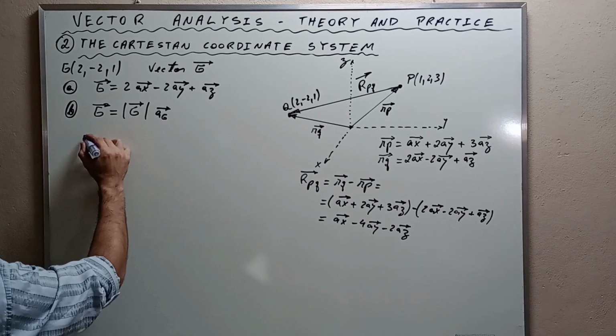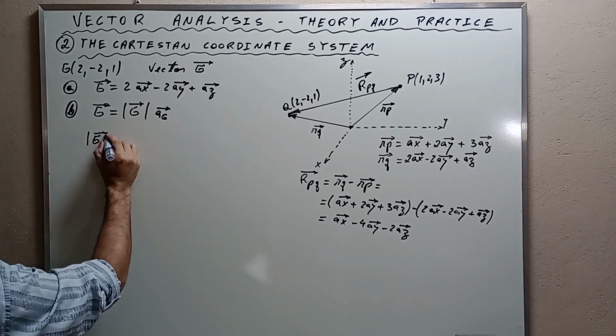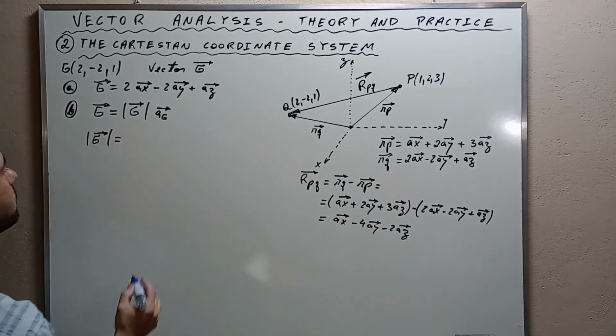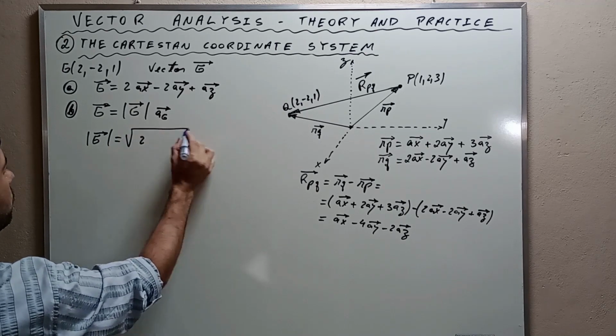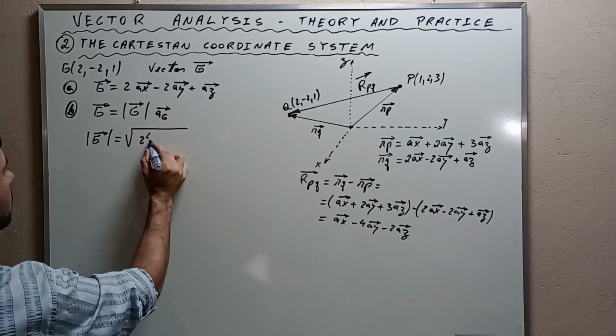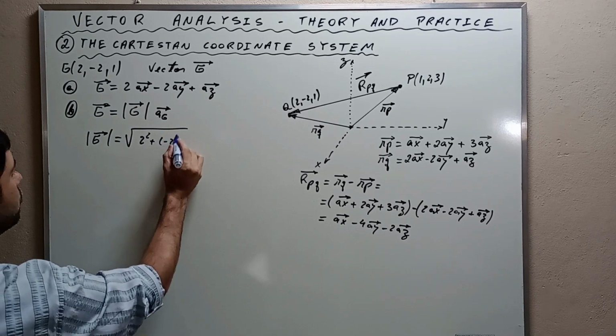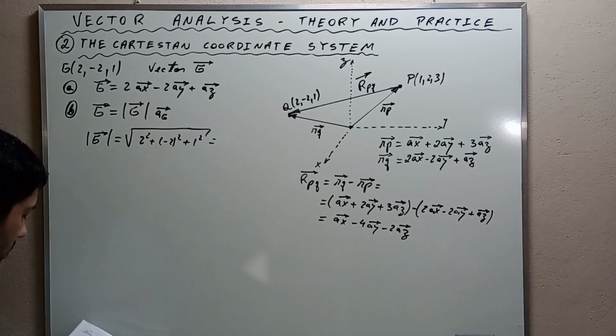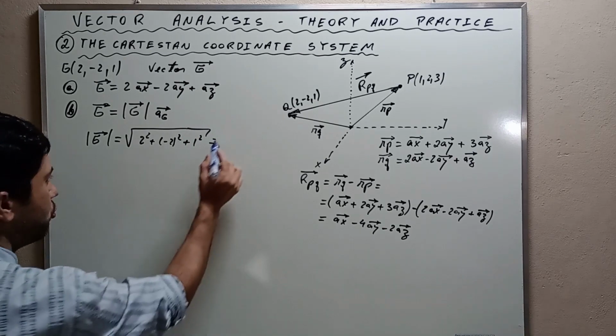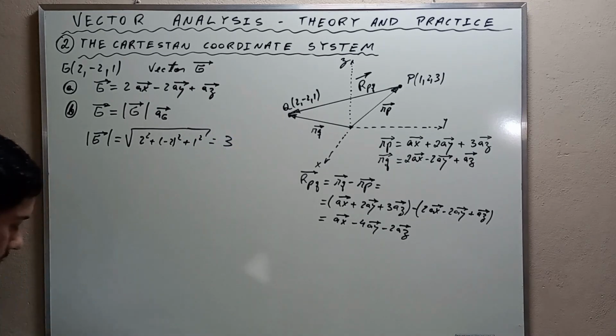Let's compute the magnitude. The magnitude of G is the square root of 2 squared plus -2 squared plus 1 squared, and this is equal to 3. And how about the direction?